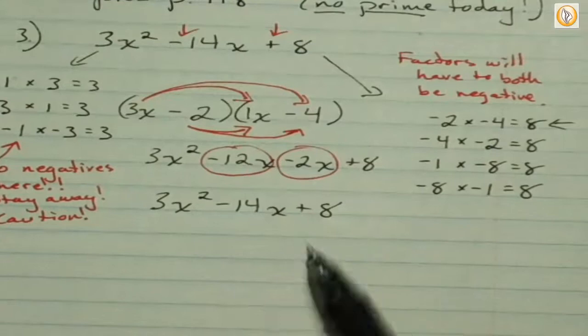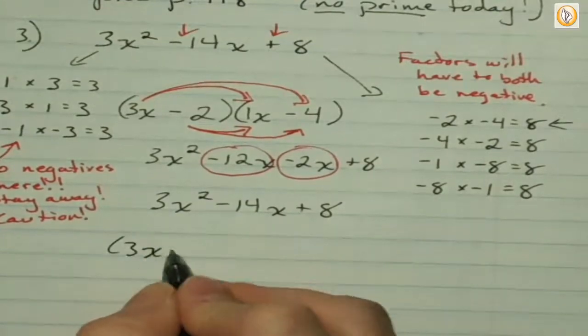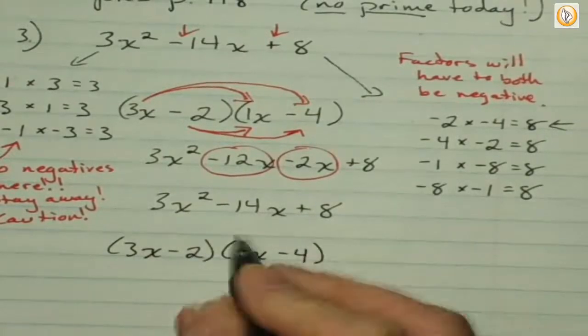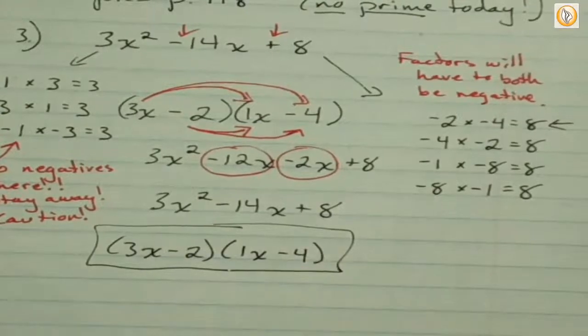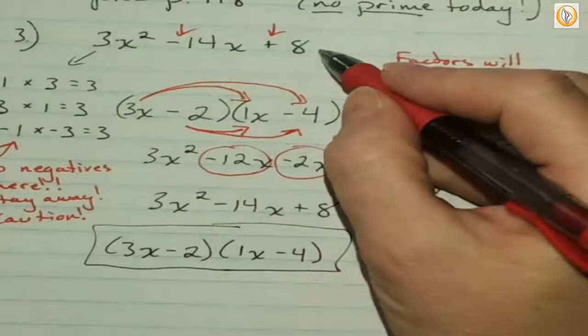Okay, so here's the thing. We know the answer is 3x minus 2 times x minus 4. Okay, so it worked, right? It checks. Here's the thing.